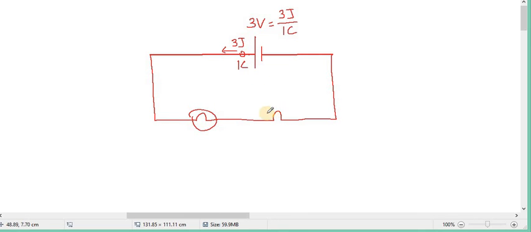Okay, so let's say that this 1 coulomb of charge needs to pass through 2 bulbs. And let's say that the 1 coulomb of charge passes through the first bulb and does the work of 1 joule, then that means the potential difference across the first bulb is 1 volt.